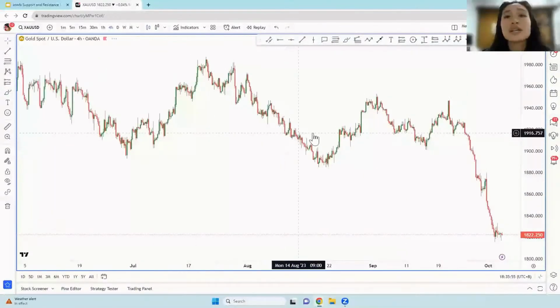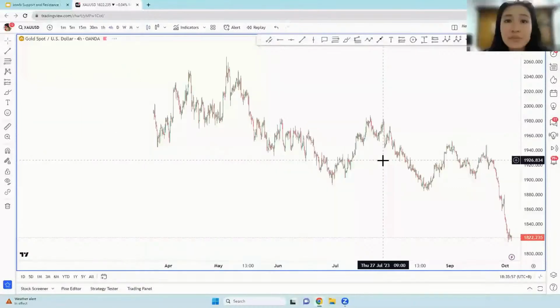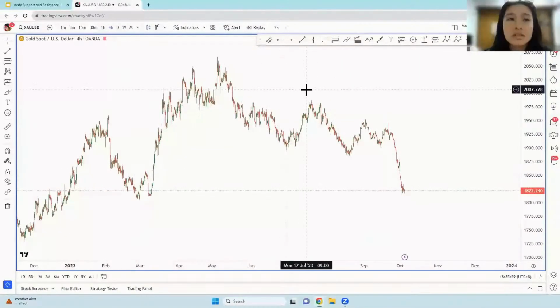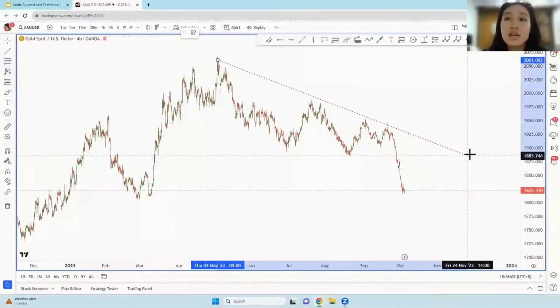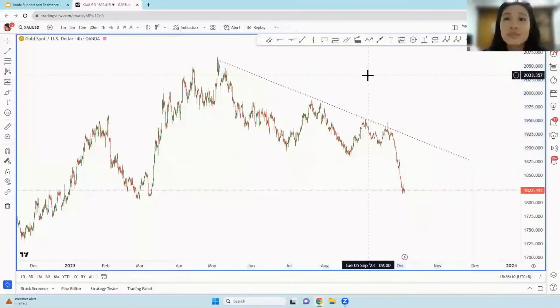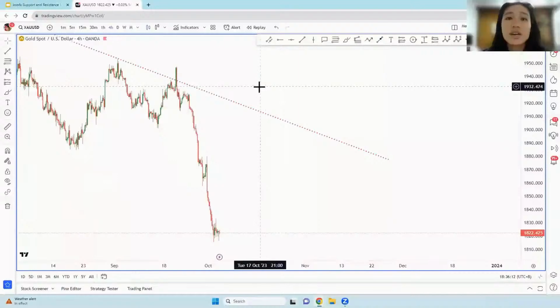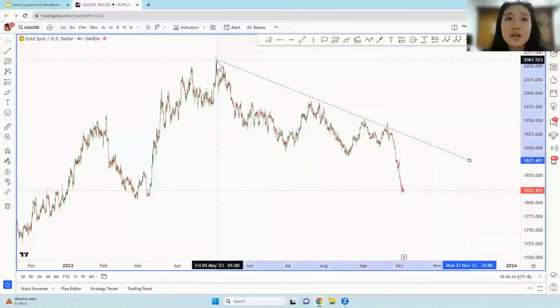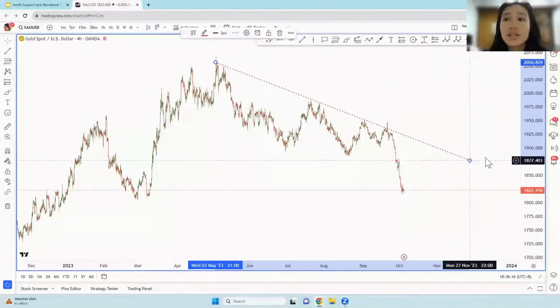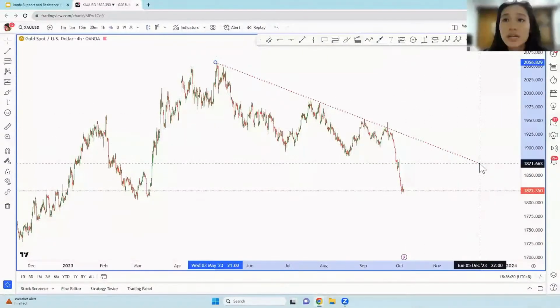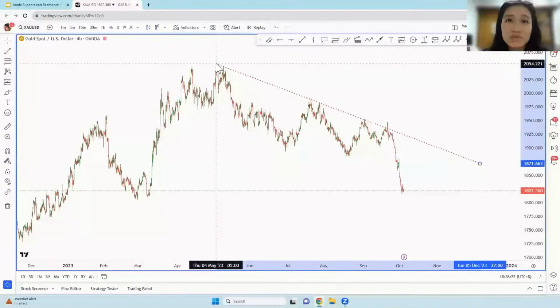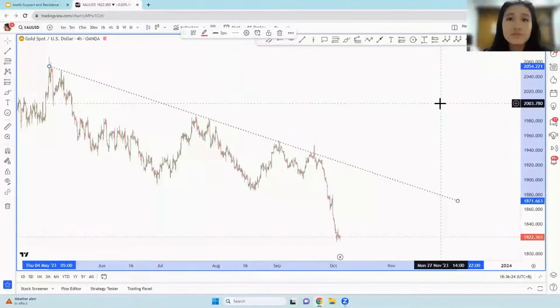So I'm going to analyze this on our 4 hour time frame. We're going to start off by identifying the trend. We can all agree that this is a descending trend line, or rather a downtrend. Now I'm going to see if I can find any graphical analysis to support that. So I have a descending trend line here.